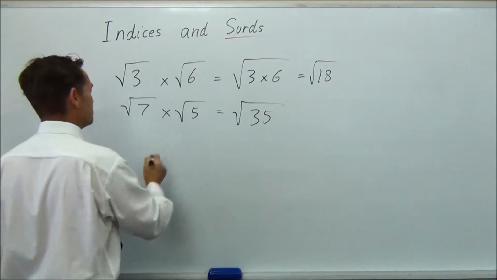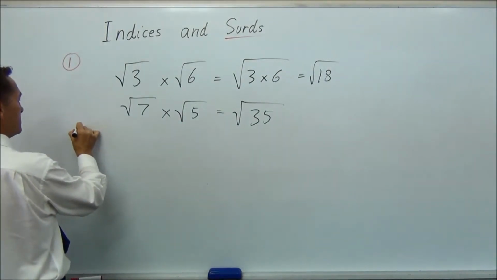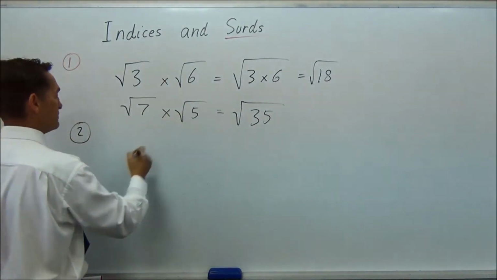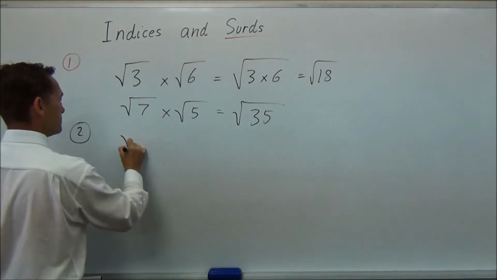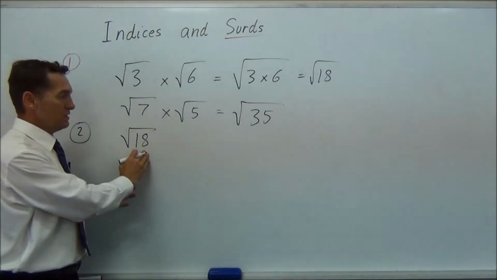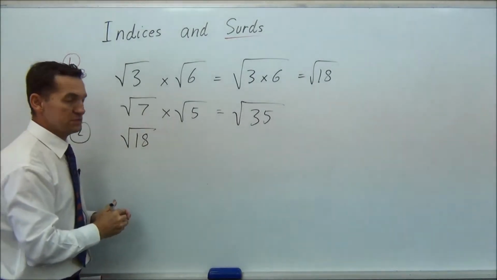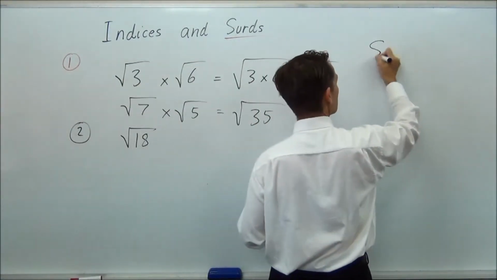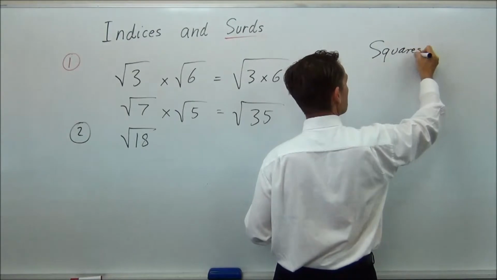So let's just look at root 18. So this is the second part, is simplifying it. If we look at root 18, what we're going to look for in there is a square. So I'm just going to list the squares over here.